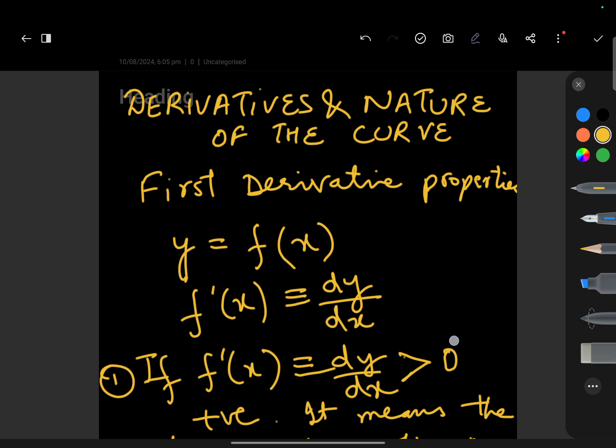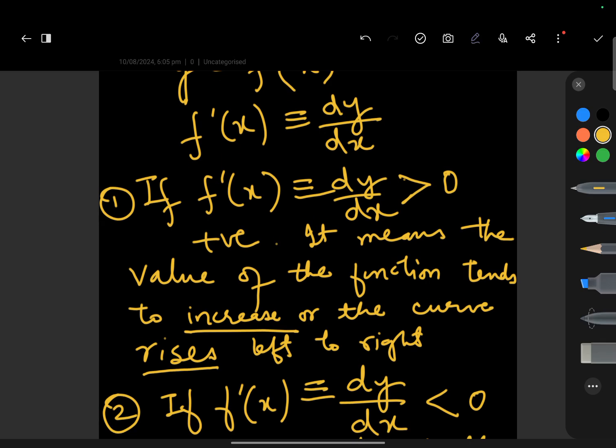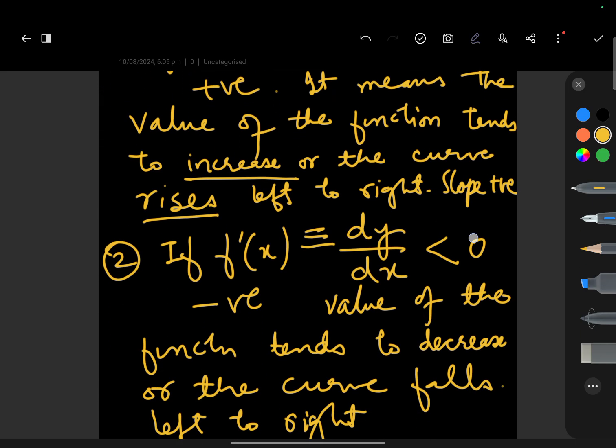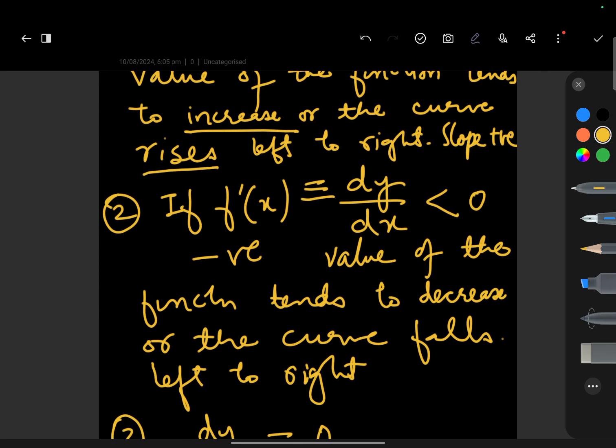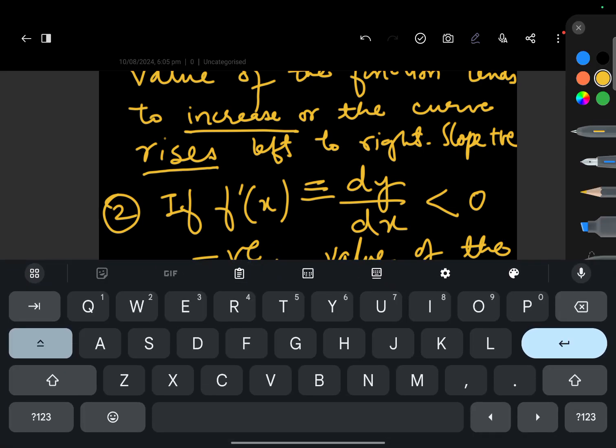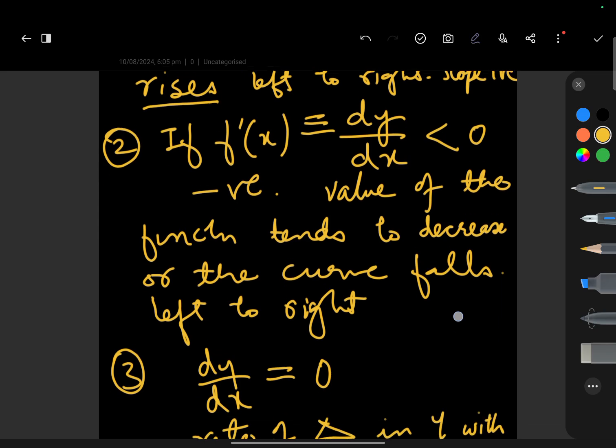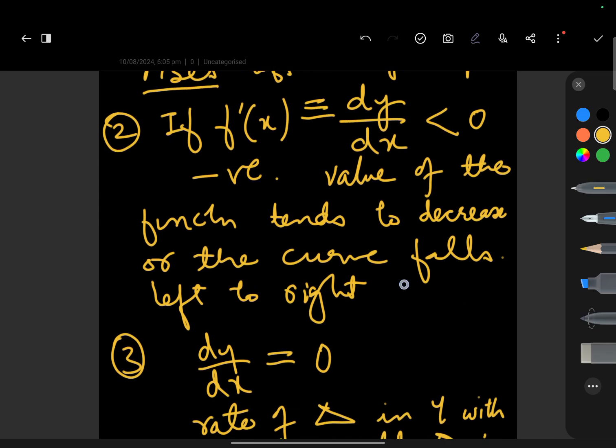If the derivative is positive, the slope will also be positive, because the curve rises. In the second property, if the derivative is less than 0, the value of the function tends to decrease and the curve falls, so the slope will be negative.